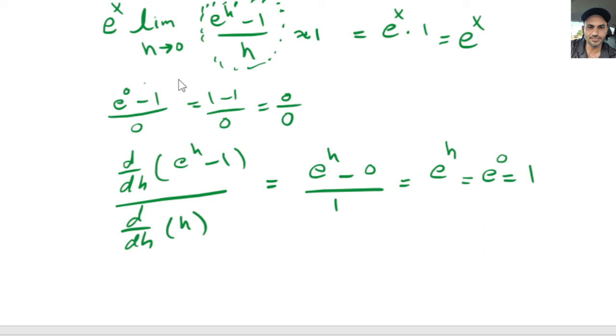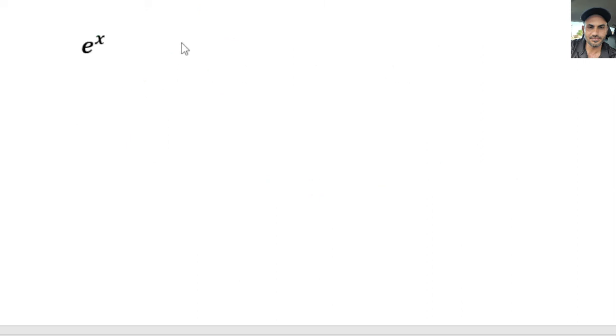All right, so now we have already learned, or we evaluated, that the derivative of e to the x is equal to just e to the x. So now let's go ahead, and we already know this one. So e to the x, the derivative of that, d over dx, is equal to just e to the x. Okay.